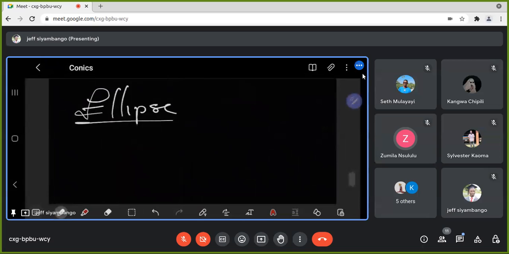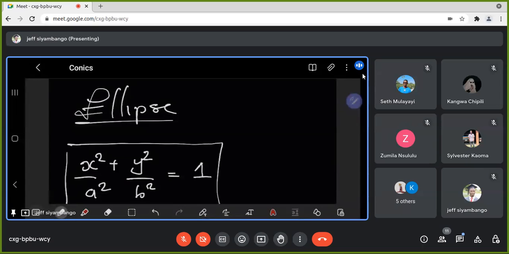Now the ellipse. An ellipse has a basic format. If it is centered at the origin, an ellipse has this expression, where this is equal to 1. So this is the standard expression for an ellipse centered at 0,0.